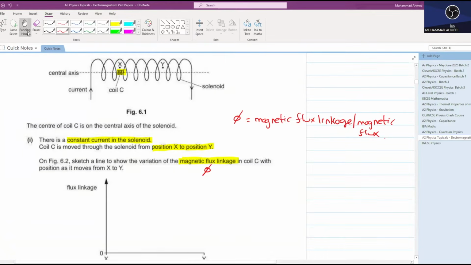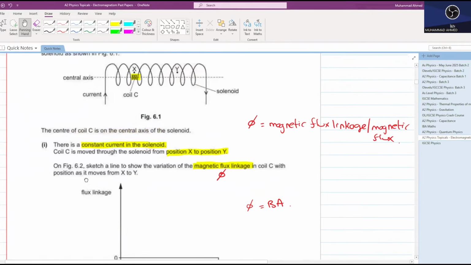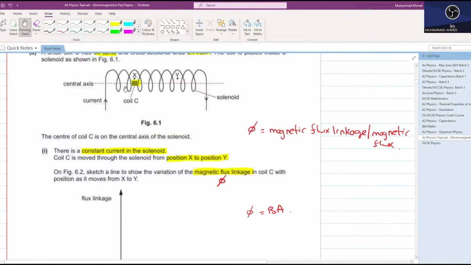If you think about it, your magnetic flux linkage phi is equal to B into A. As you move from X to Y, the magnetic flux density B at X and B at Y will remain the same, and the area is also the same.